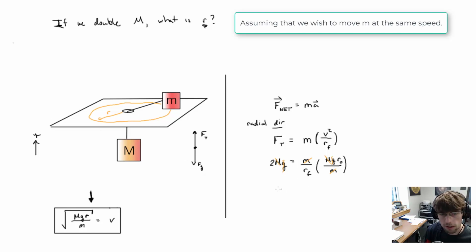I get an expression that says my r final, if I do this kind of rigmarole transfer, is exactly half of my r initial. So if I could just instantaneously double the mass and let it settle back into a stable orbit, you'd see that, hey, my r final is half of my r initial. Pretty cool.